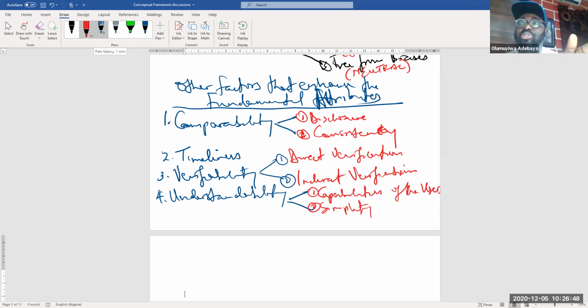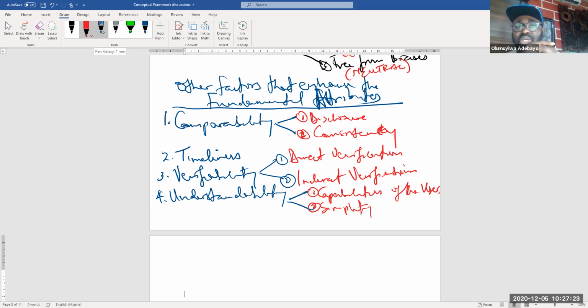I recall again, the Conceptual Framework is not interested in the language in which you present your information. It's only interested in the simplicity and orderliness of that information, which means if you present your information in English language, it must be simplified in terms of what can be understood by an average person, so that where you have terminologies that you have to use, such terminologies have to be explained in basic terms.